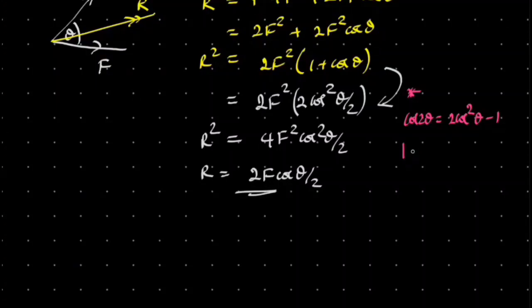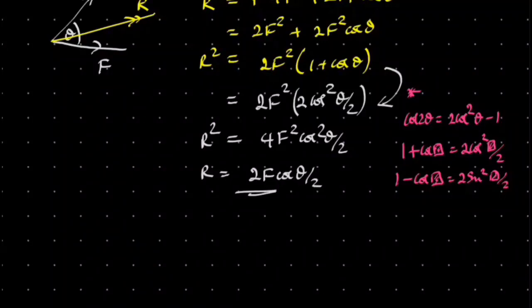So anytime you have something like 1 plus cosine of something, you can write it as twice cosine squared of half that angle. Similarly, if you have something like 1 minus cosine of something, you can write it as twice sine squared of half that angle. So that's the extra knowledge for math students.